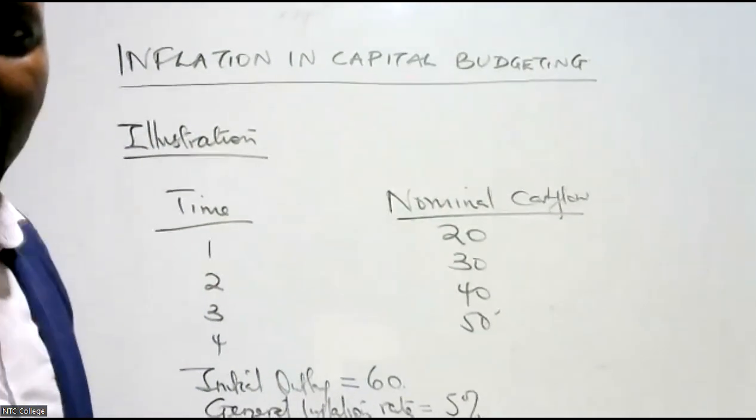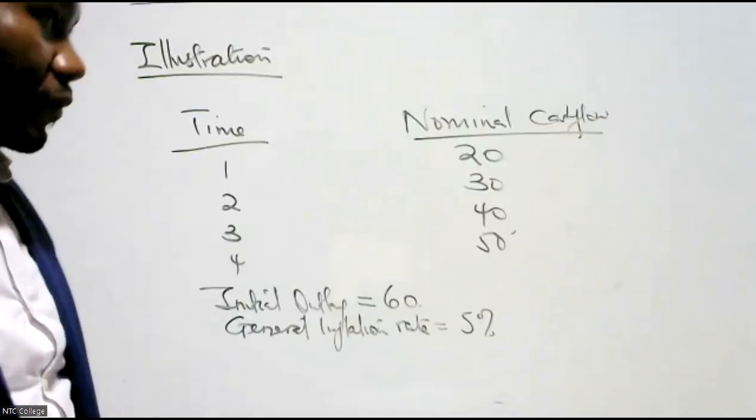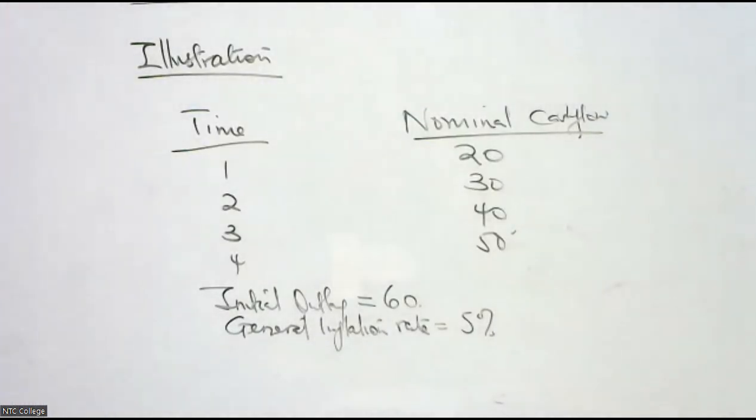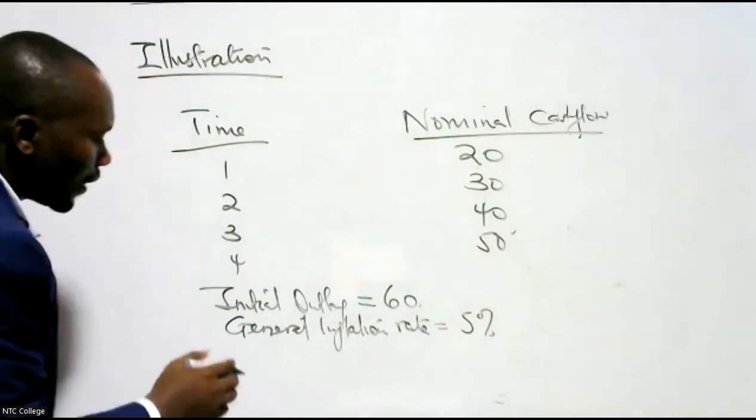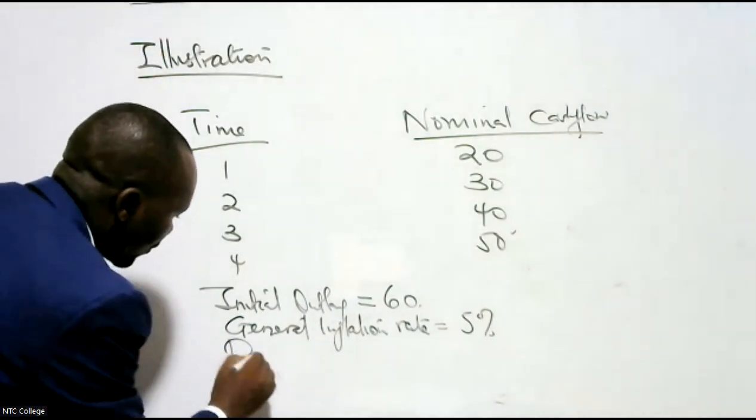General inflation rate is 5%. The real cost of capital is 10%.